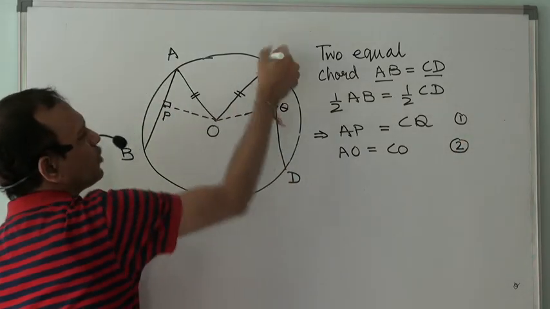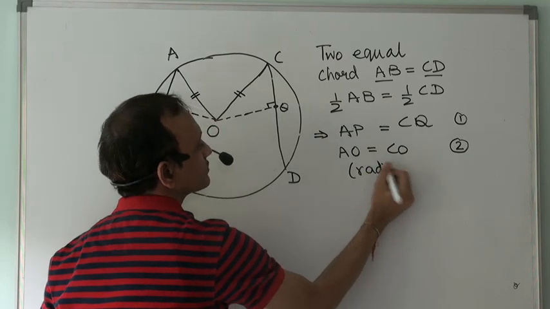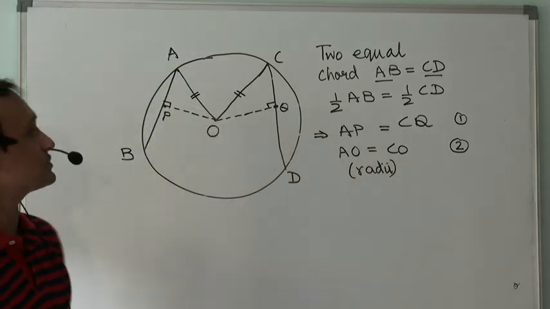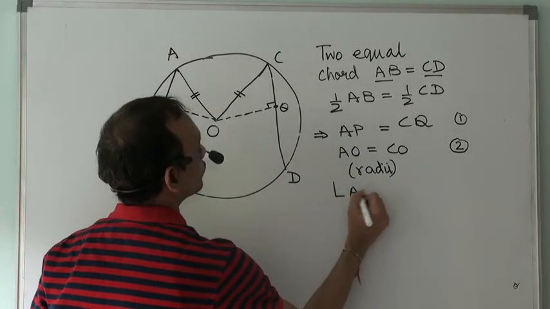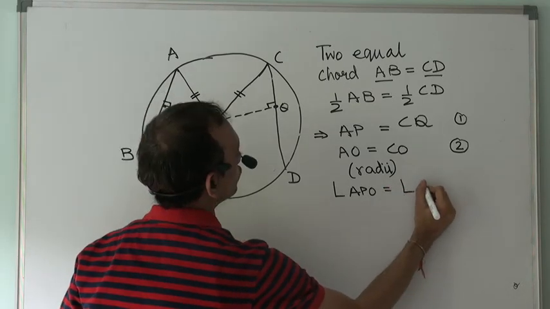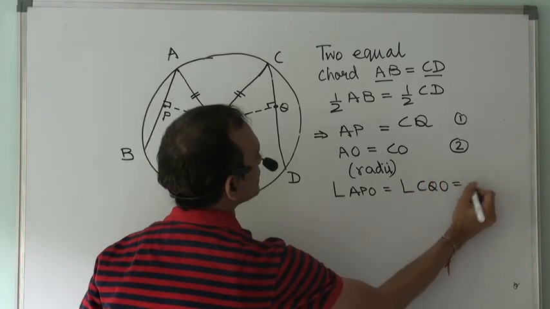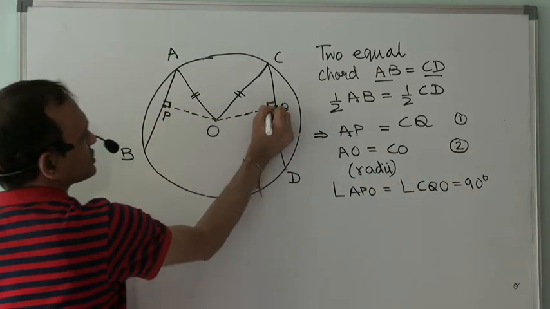Why is AO equal to CO? Because they represent the radii of the same circle. Also, notice that angle APO is the same as angle CQO. Each is 90 degrees, right? That's out of construction. We constructed it like this.